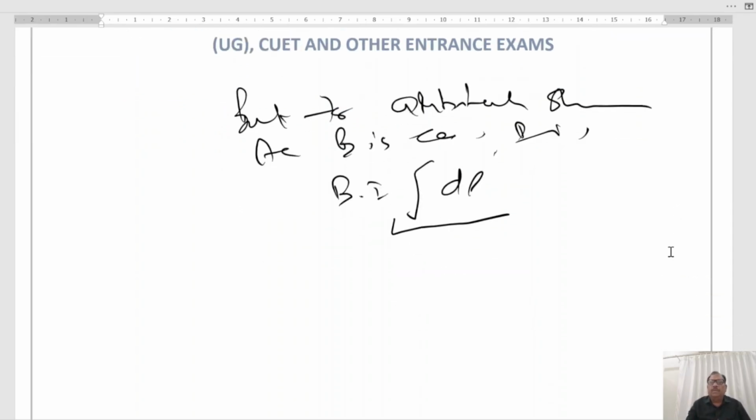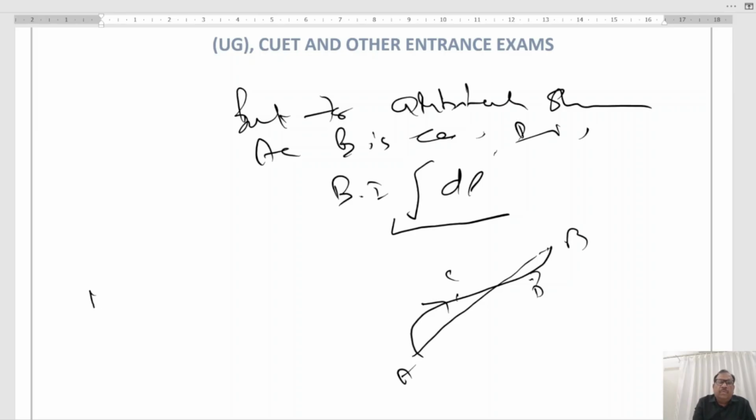Suppose this is a conductor, this point is A, this point is B. We join them. Current is flowing like this. This point is C, this is D, this is B. The wire section is ACDB. What will be dl?